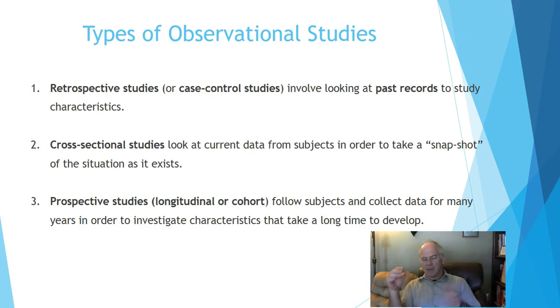Okay, and then prospective studies or longitudinal studies, also called cohort studies, they follow the subjects for many years and collect data for many years and try to investigate the changes that occur, or whether these people that had this drug got a disease or whatever. So they're looking at all the aspects but into the future, and they follow them for several years when they're doing their study.